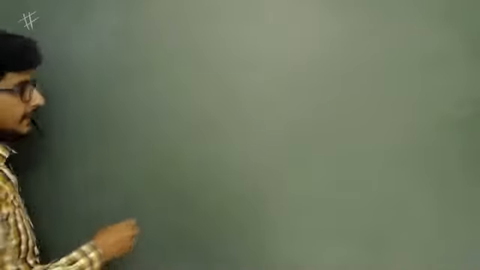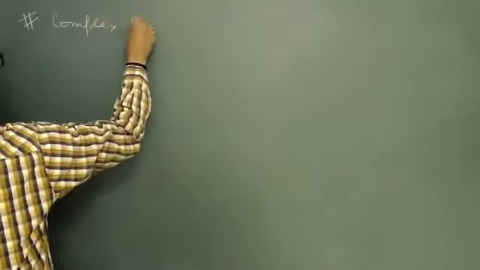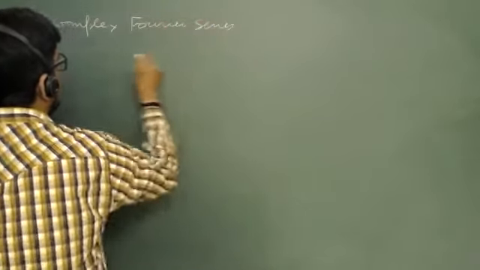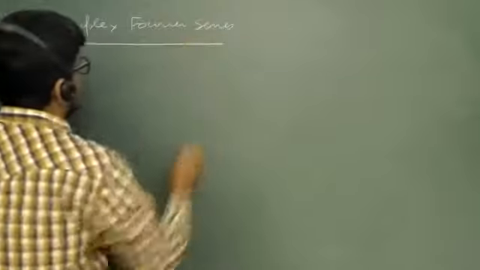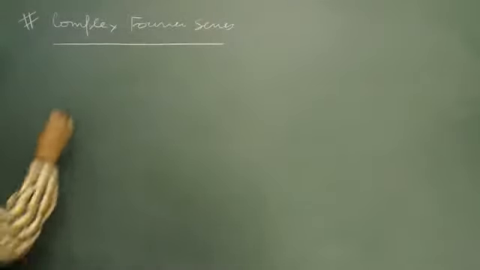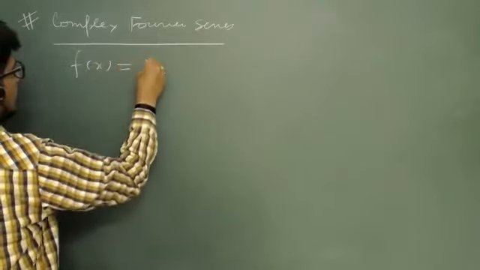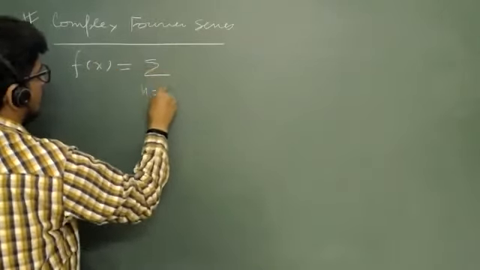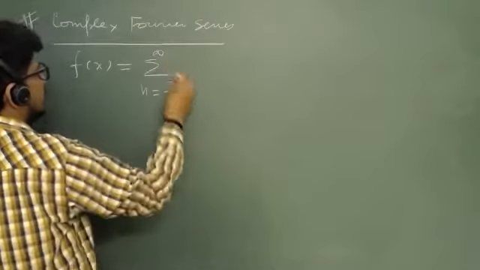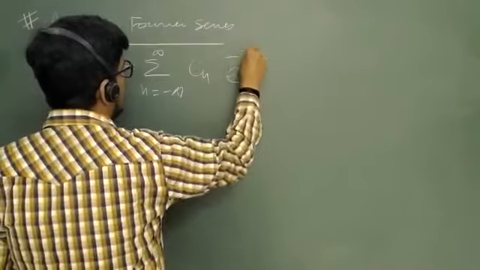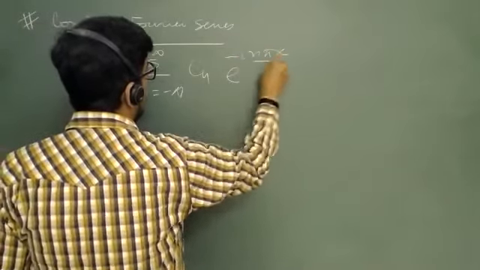Now I am taking a question for complex Fourier series. Okay. So suppose I give you that a complex Fourier series is defined like this. f(x) is equal to summation n is equal to minus infinity to plus infinity Cn e to the power minus n pi x by L. Okay.